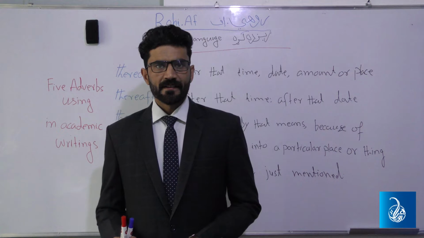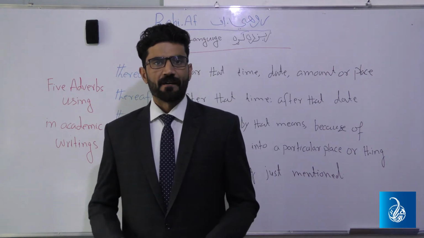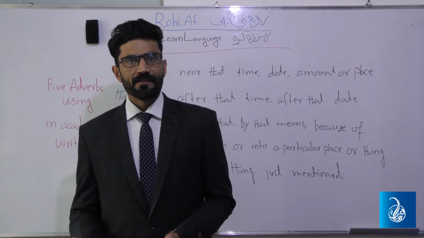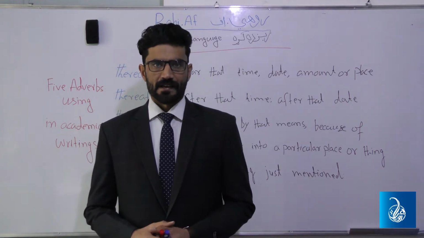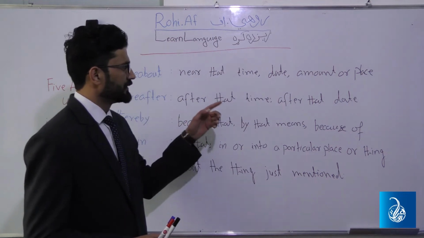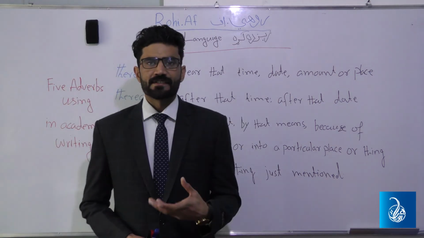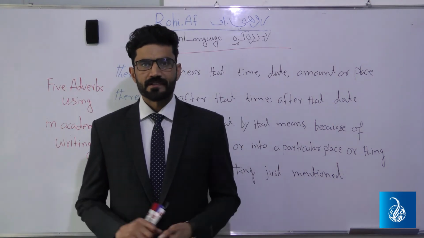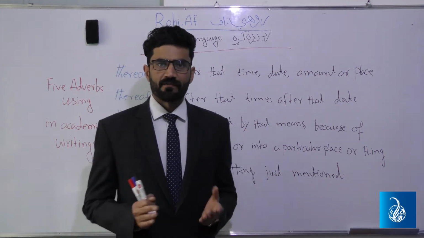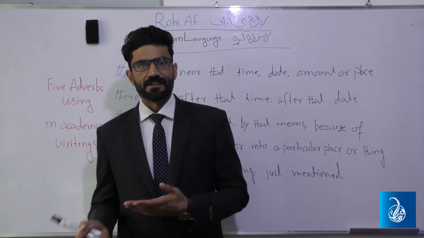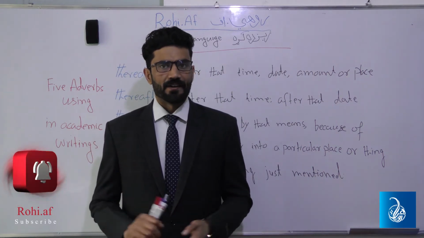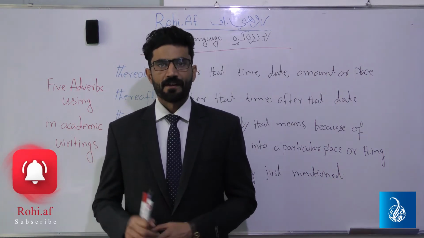It means come at the exact time of noon or around it, 1, 2, or 12 o'clock. Another example for thereabout will be, give me 1,000 Afghani or thereabout. Give me exactly 1,000 Afghani or near to 1,000, meaning 900 or 1,100.